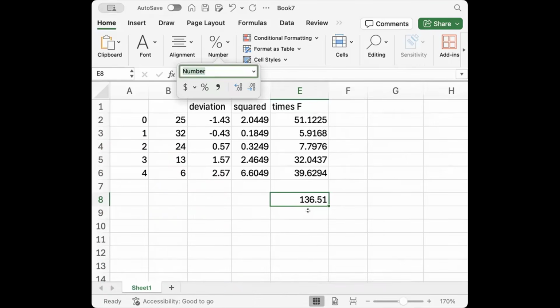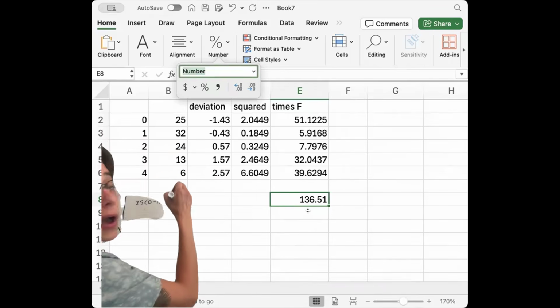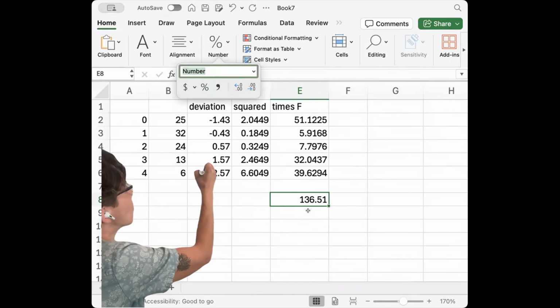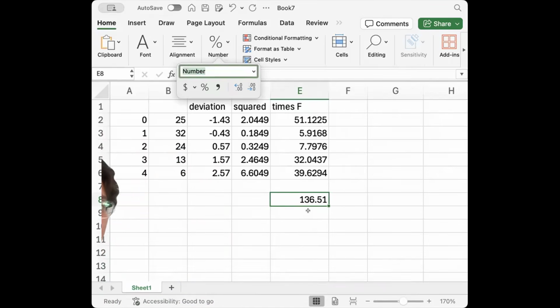Where's my marker? Okay, so I'm going to write that down up here, but I'm also going to translate some of this onto the board, so you can see how this works with the written part. So I just did these calculations, right?